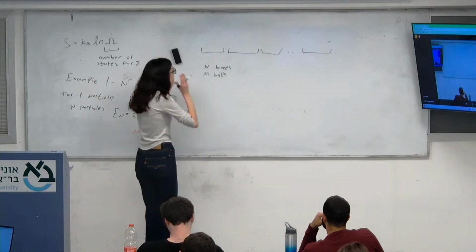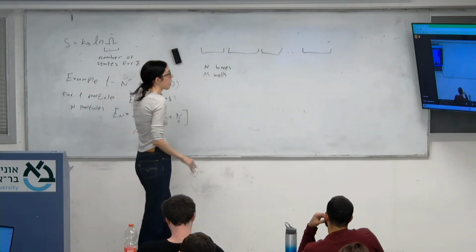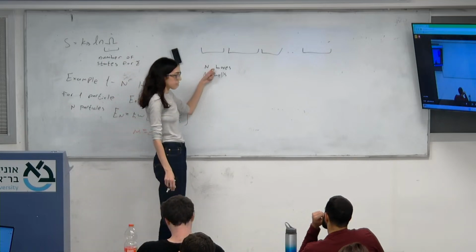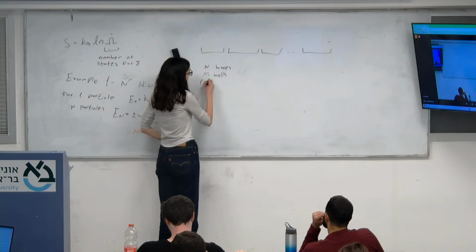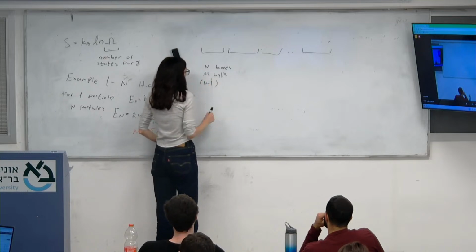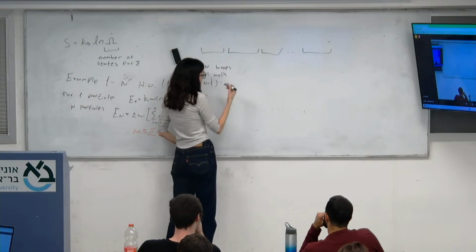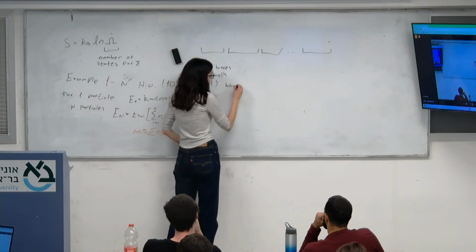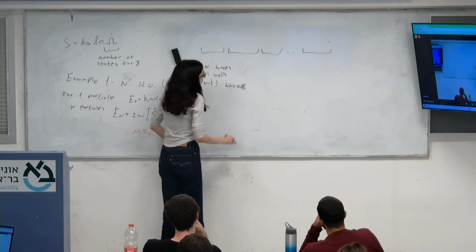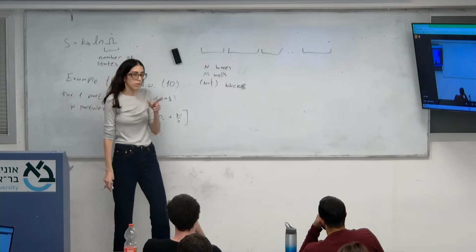This is also, instead of n boxes, I can use n minus 1 blocks. Is blocks the right word? Separators, like walls, barriers.